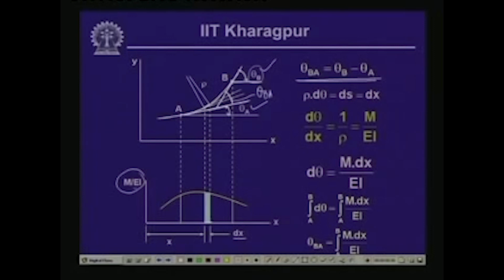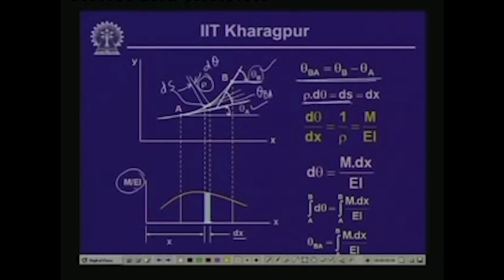Now, if we draw normals at the ends of this ds, they go to the center of curvature, rho being the radius of curvature. Hence, let us assume that this segment ds forms an angle of d theta at the center. So, this length ds can be written as rho times d theta.